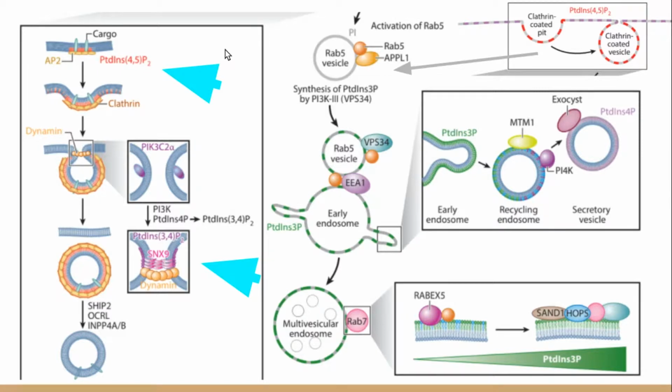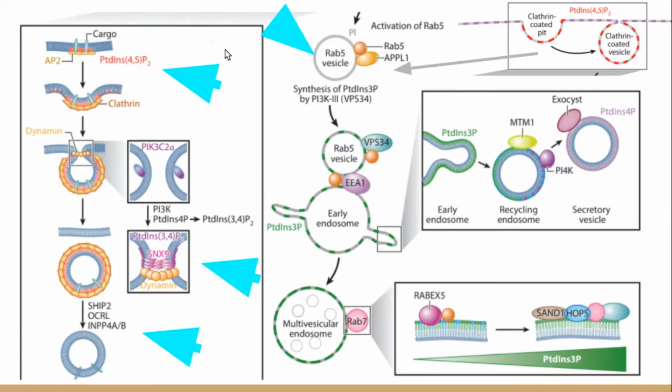So PI35P enriched microdomains recruit endocytic machinery, and following endocytosis, various phosphatases are recruited, and some of the most well-known endosome phosphatases are SHP2 and synaptogenin. These phosphatases remove all the phosphorylations from inositol. This process is important for synaptic vesicle recycling, as you may have hinted from the name of synaptogenin, the phosphatase.